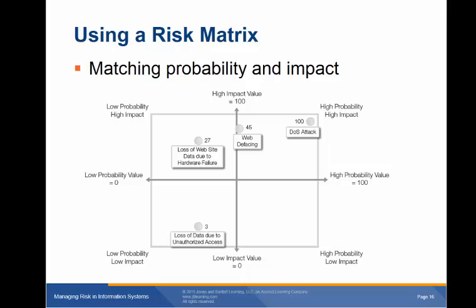So this could be from an attacker accessing customer data. It could also be from an attacker accessing any internal private data. It does not include the loss of public data that is freely available. And then there's the other one, loss of website data due to hardware failure.